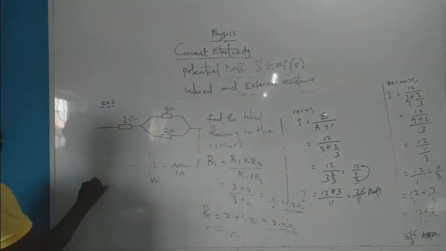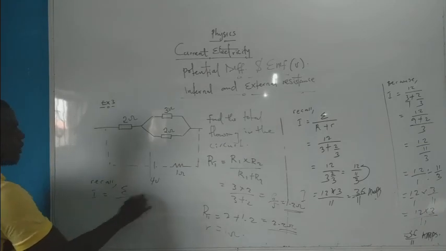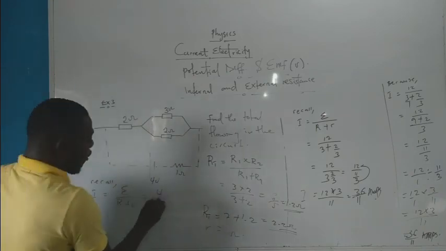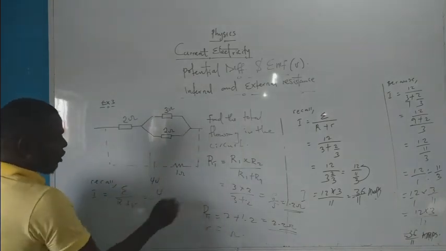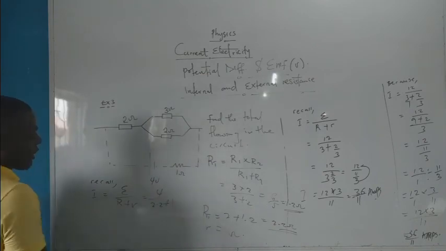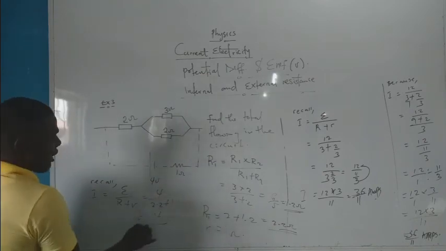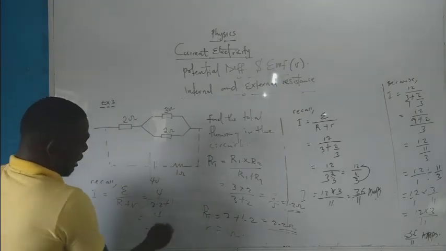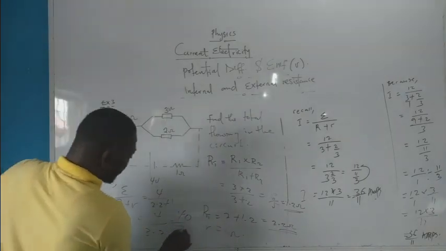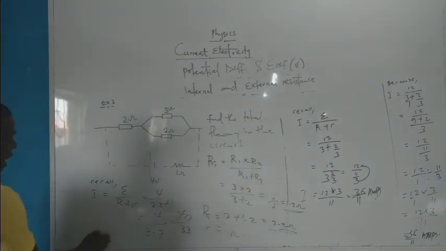Recall that I equals E over R plus r. E is 4 over R is 2.2 plus 1, and that will give you 4 over 3.3, which gives 40 upon 33.